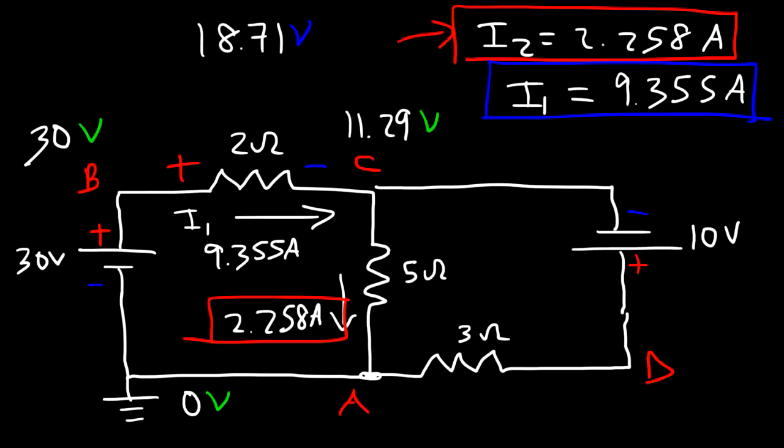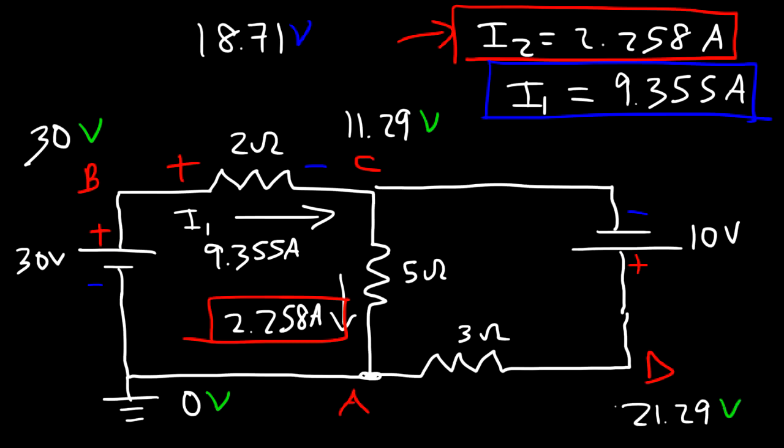So that means that we're on the right track. Now let's move from C to D. So as we travel in this direction, we're going towards the positive terminal, and so that's a voltage lift of 10 volts. So it's going to be 11.29 plus 10, so the potential at D is 21.29 volts.